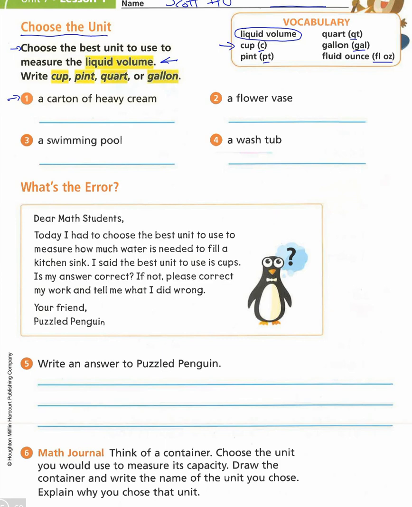Because it comes in different sizes. I would say most of the time you would find it in cups or pints. You could find a quart, you could find gallons of it, but that's what I would say.